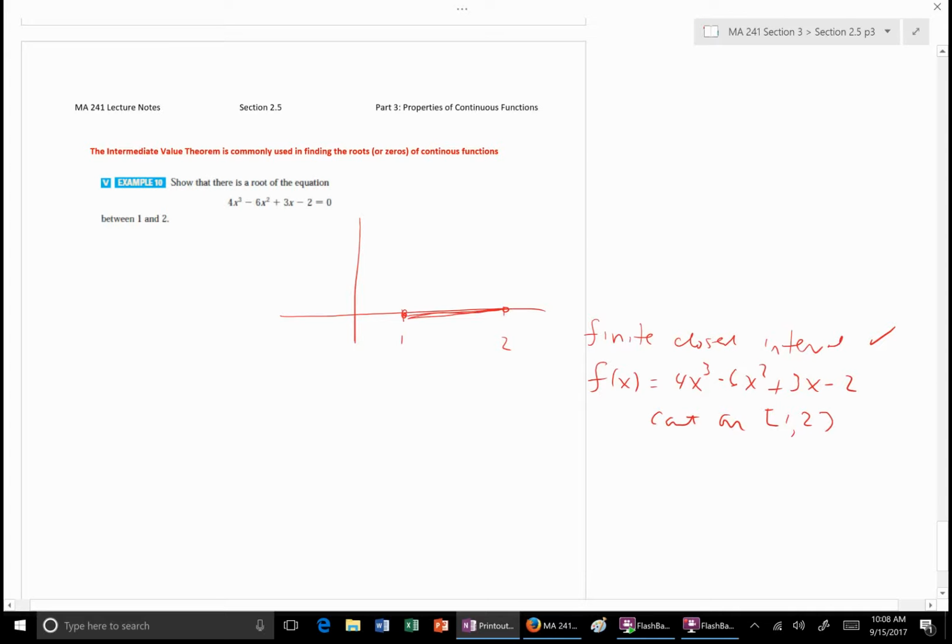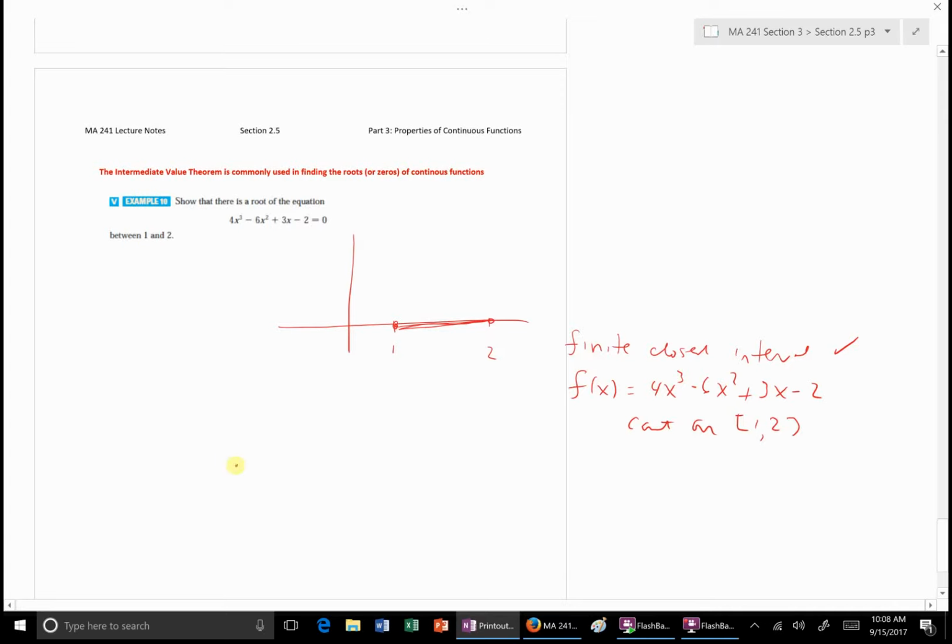Now let's look at the function at the left-hand endpoint. f of 1 is equal to 4 minus 6 plus 3 minus 2, which is minus 2 plus 1, which is minus 1. All right, what is f of 2?